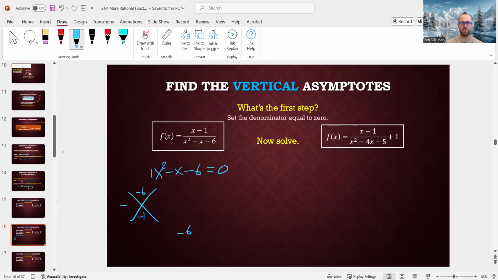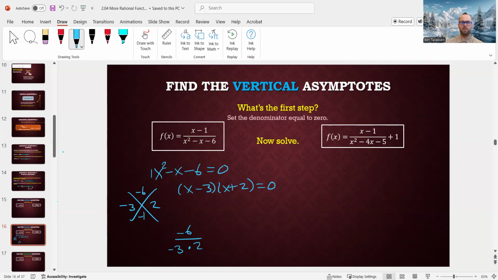So what are factors of -6 that could also add to -1? So maybe -3 and 2. Let's see. -3 times 2 is -6. -3 plus 2 is -1. Beautiful. X minus 3 times x plus 2 equals 0.